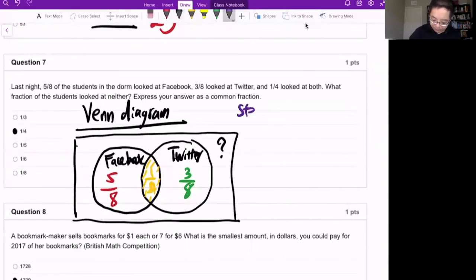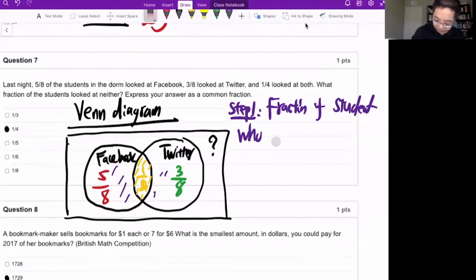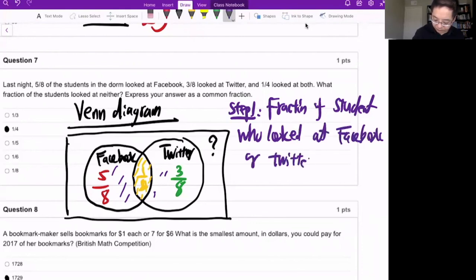All right, so what are we going to do? Step 1, we need to figure out the collection of all students who either look at Facebook or they look at Twitter, or both.